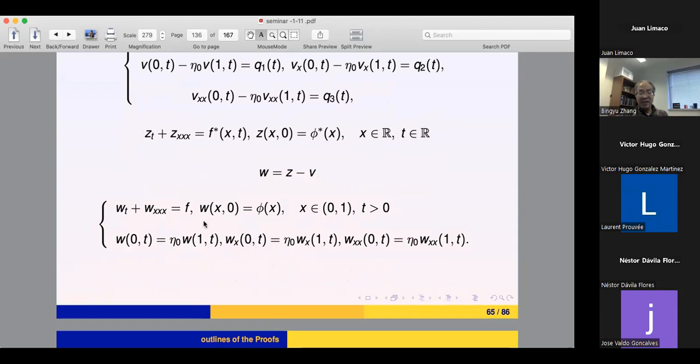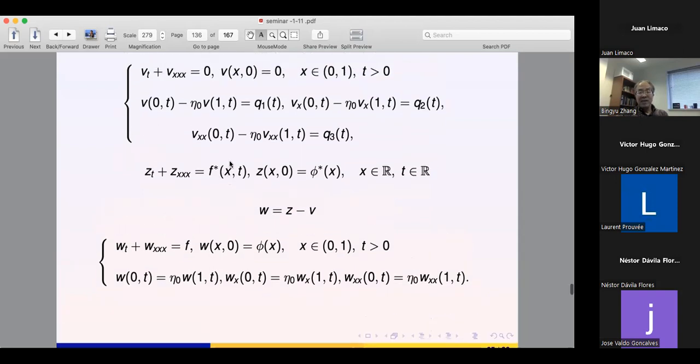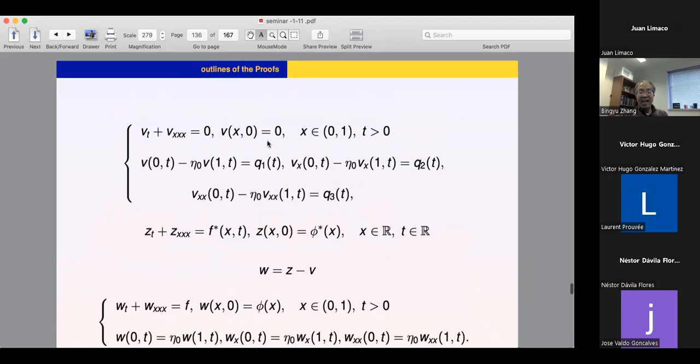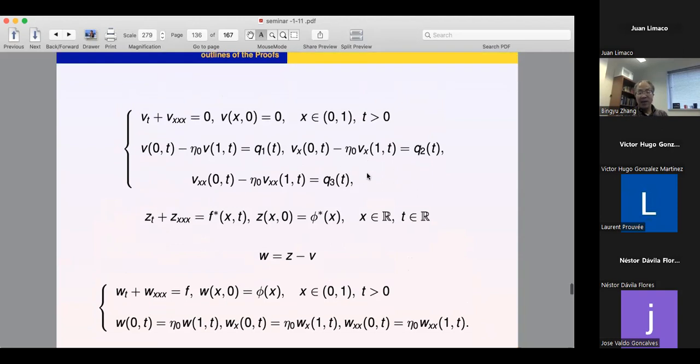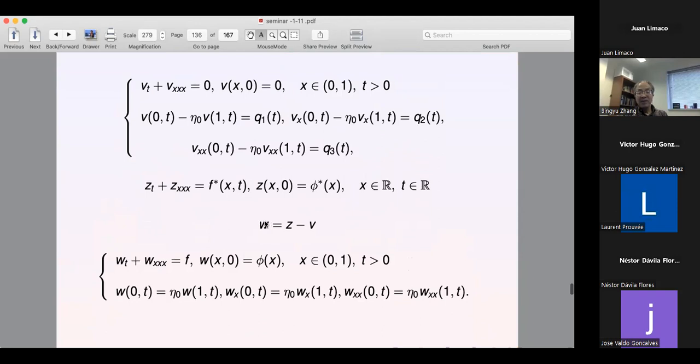So as you can see, we link the solution w of this equation with the Cauchy problem of the KdV equation and the solution of the non-homogeneous boundary value problem. So w equals z minus v. Now, if you want to get the estimate of w, what we need to do is just get an estimate of z and an estimate of v.